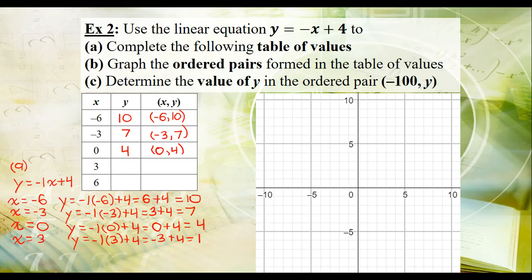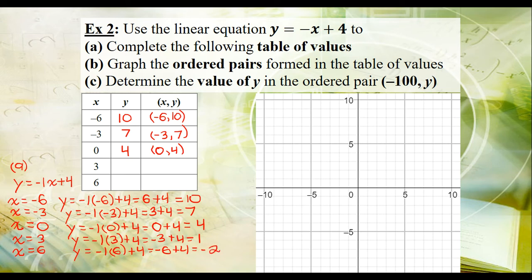And then my last one would be when x is 6, you'd have y is equal to negative 1 times 6 plus 4. Negative 1 times 6 would be negative 6. Add 4 to it. If you're at negative 6 and you go up by 4 on a number line, you'd be at negative 2 then.